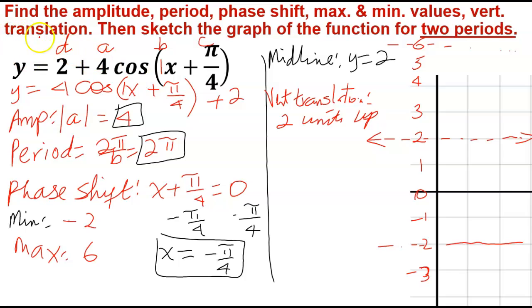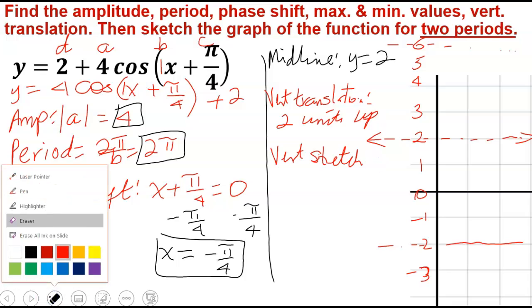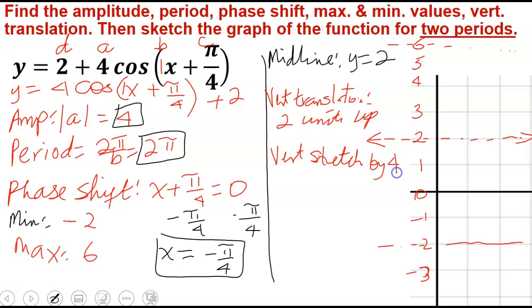And then you have to explain the transformation, the shift, the vertical stretch and shrink. This vertical stretch is A. Is it a stretch or shrink? It's going to be stretched because it's positive and it's a big number, greater than 1. So it's a vertical stretch by a factor of 4.